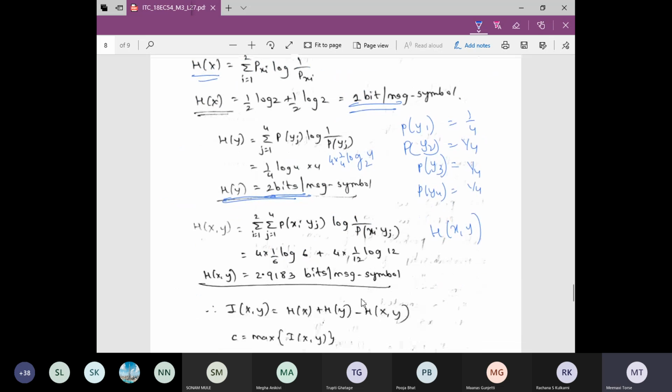Therefore, H of x comma y can be computed as 4 into 1 by 6 log of 6 plus 4 into 1 by 12 log of 12. Therefore, the joint entropy is 2.9183 bits per symbol.